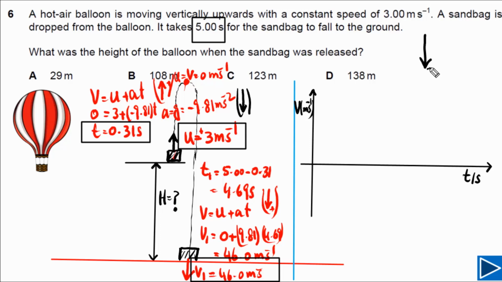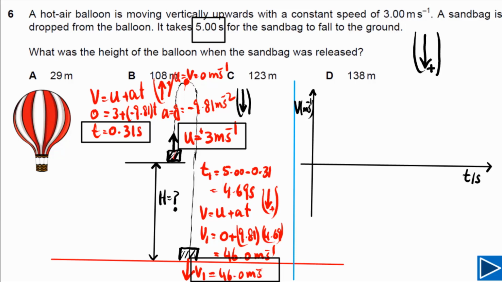We also need to consider one direction as positive, let's say downward as positive, because our vertical displacement is downwards from the point of release, so we will get a positive answer for vertical displacement.